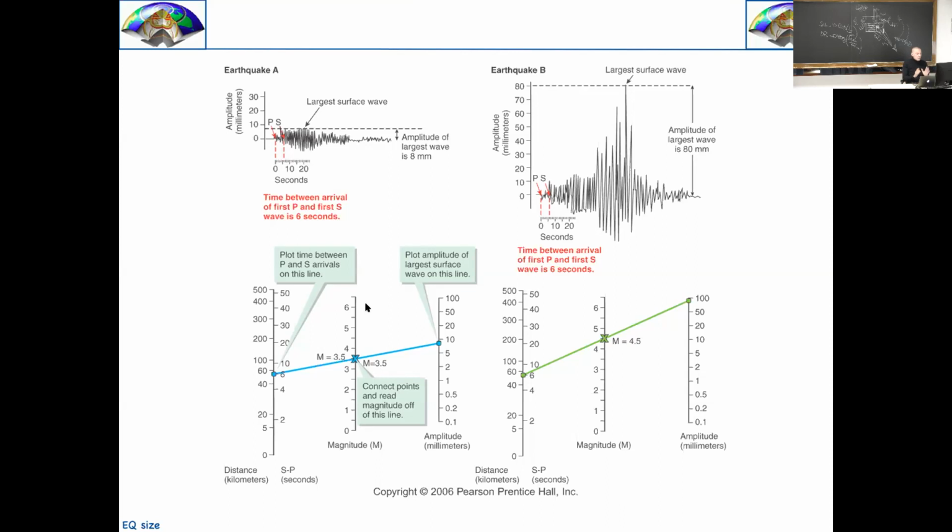That's why nowadays Richter's magnitude, the original one, is reported as ML, where L stands for local.